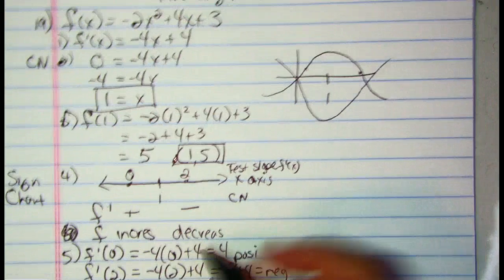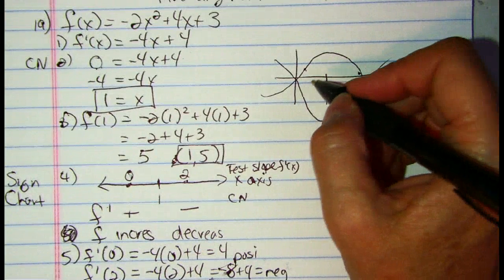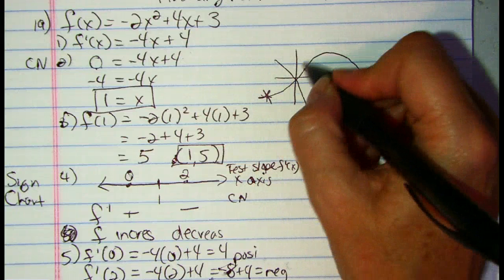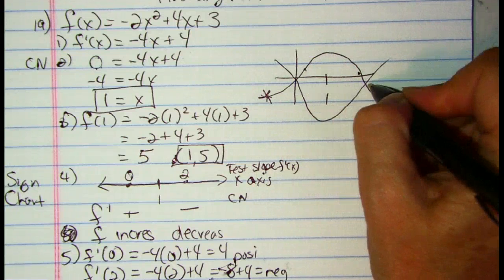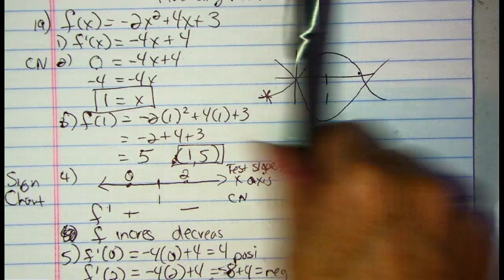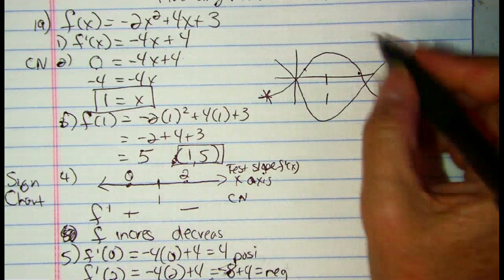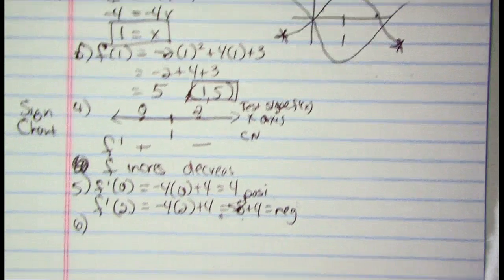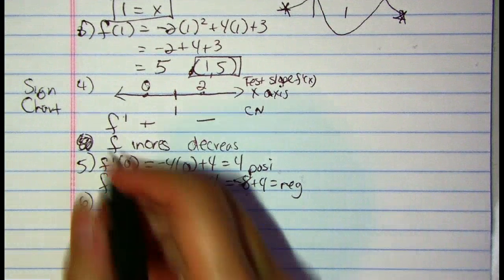So before the 1 it's going to be increasing, then decreasing. The slope goes from positive to negative. So it looks like this one. So step 6. Here is my conclusion statement.